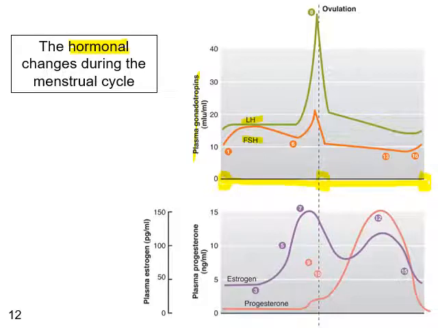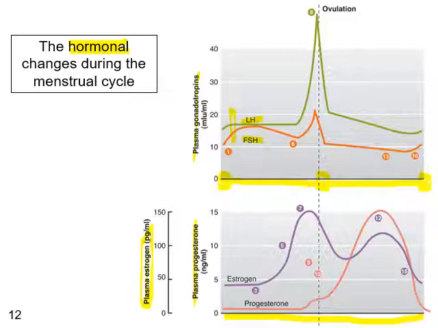At the bottom are the levels of other hormones, estrogen and progesterone, steroid hormones, during the menstrual cycle. Again, as a function of time. So this is all aligned as a function of time. So let's walk through this. At the beginning, there is relatively low LH and FSH.